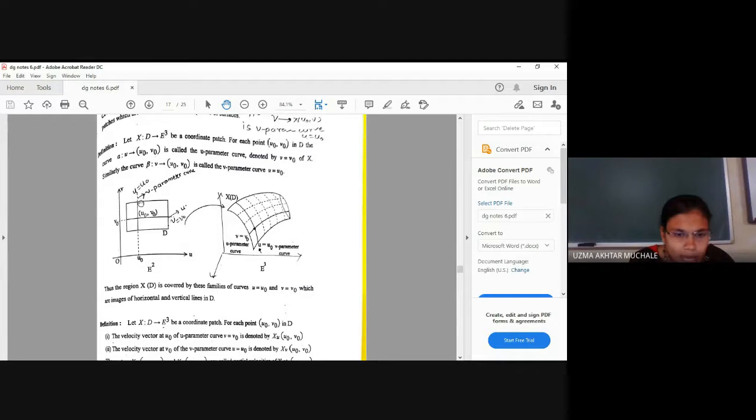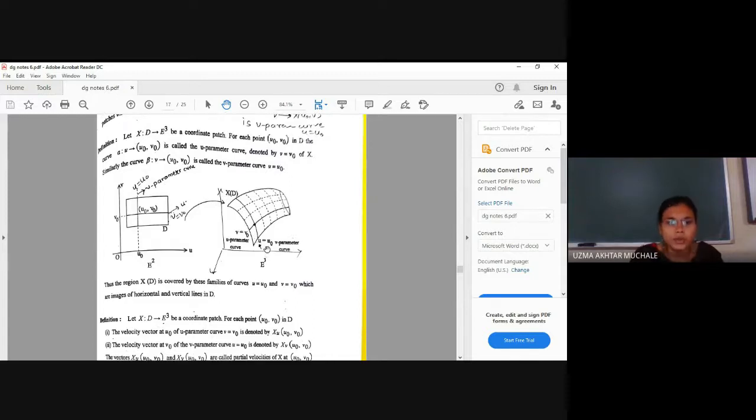Okay. So this line, whatever we have, will be converted into a curve. So what is the curve here? U is equal to u naught means that it is a v parameter curve. If you fix a u naught, it is called a v parameter curve. If we fix a v naught, that is a u parameter curve.